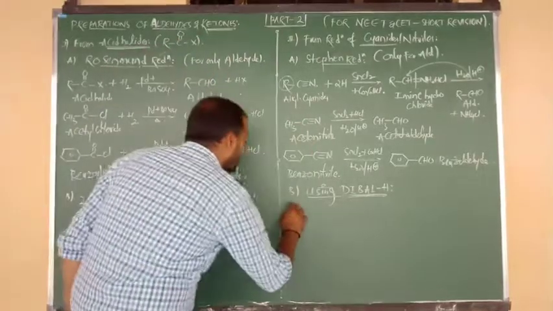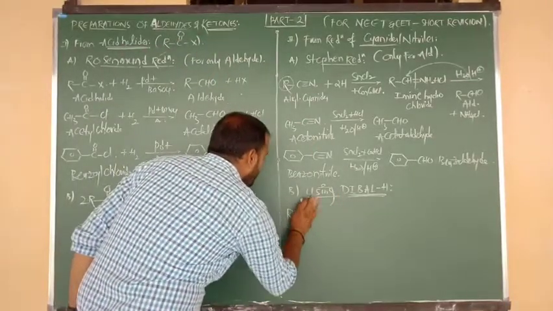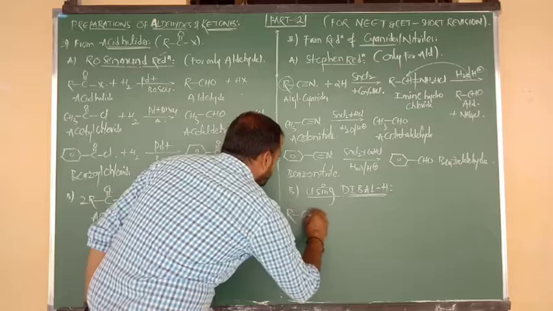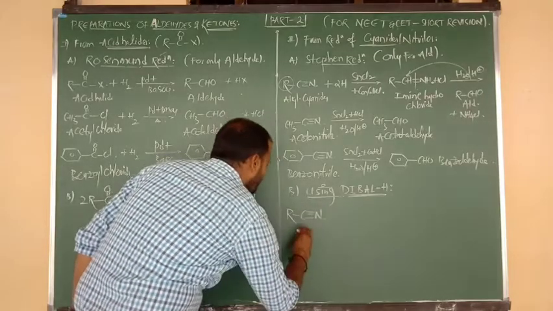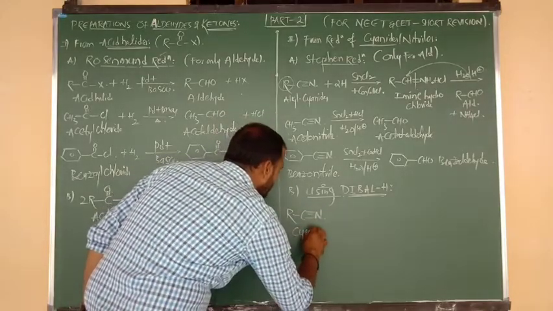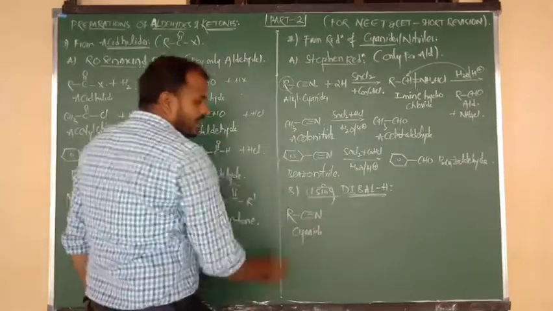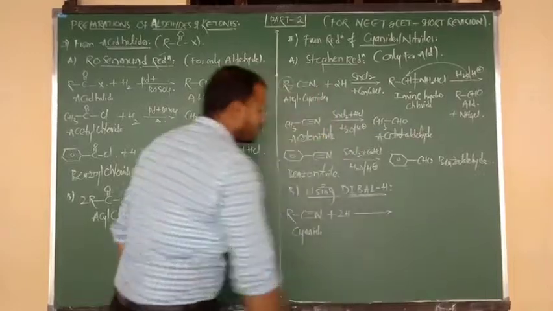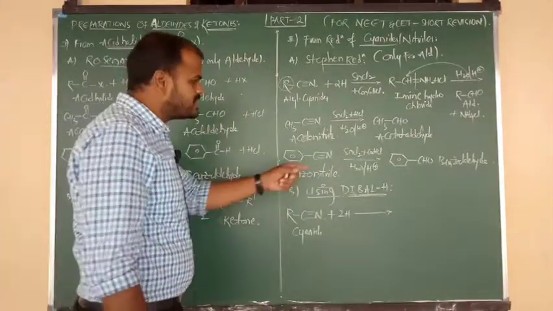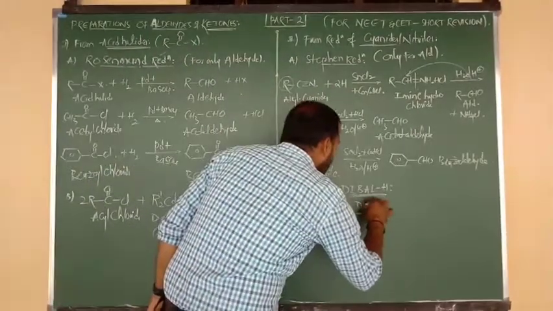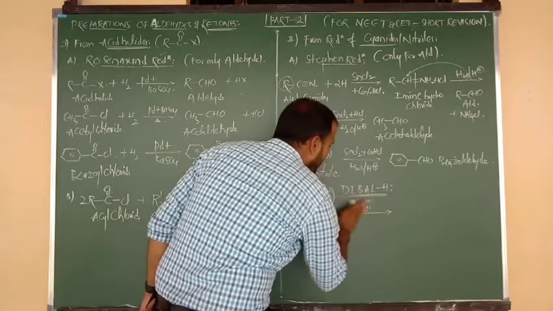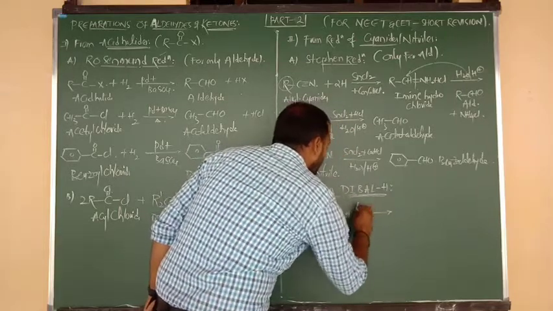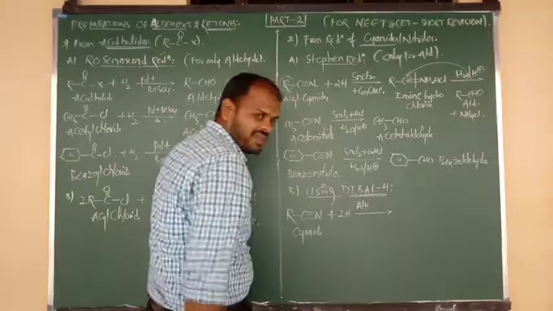Okay, reaction. Again same thing, cyanide formula, R bonded to C triple bond N. The compound name is nothing but cyanide, and also we can say nitrile. Upon reduction with DIBAL-H, addition of 2 hydrogens. Reduction takes place using DIBAL-H, diisobutyl aluminium hydride. So simply we can say AlH, nothing but aluminium hydride.